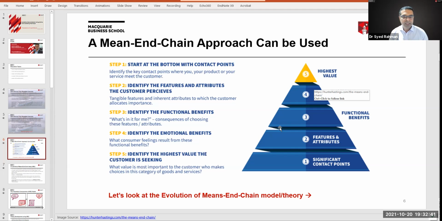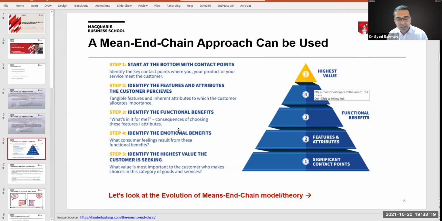So at the qualitative end of the scale development or measurement development or exploration of attribute stage, we do need to identify how those functional attributes, which companies can actually provide, link to our functional benefit, then emotional benefit, and then to the higher value. Because if we can understand that linkage, we can better understand our customer. That's what we call insights about our customers' preferences. And then we can develop our marketing communication accordingly.